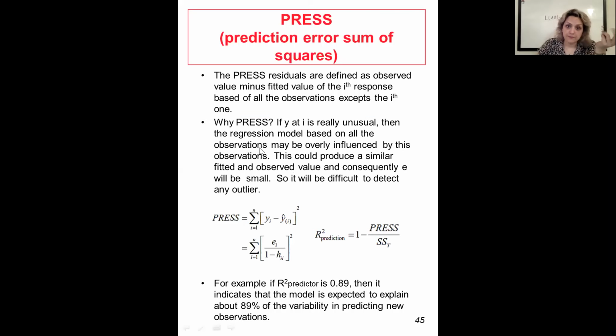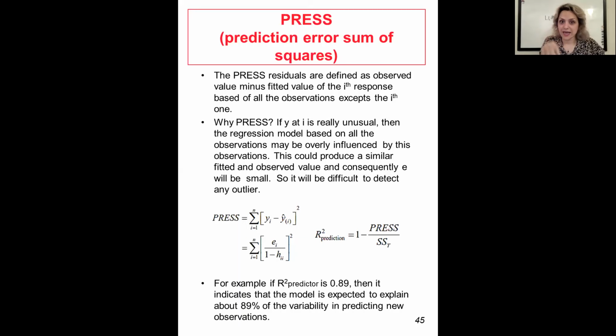So why PRESS? If the outcome at i is really unusual, then the regression model based on all the observations may be overly influenced by this observation. So when we have a problem with one specific point that we need to consider, for the residual we would prefer to remove it.